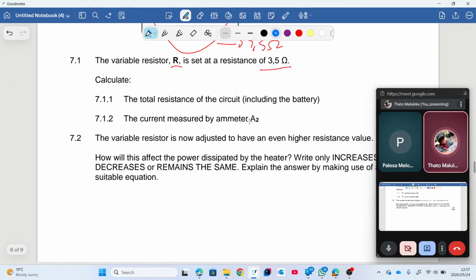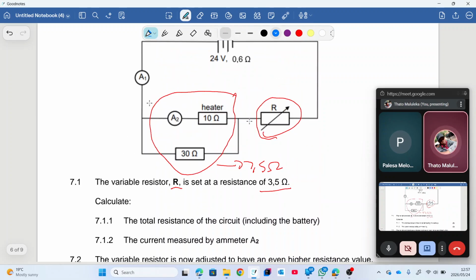Looking at the circuit, the current that flows to the 10 ohms: I A2 will be I total multiplied by, because it's going towards the 10, we use the 30. So 30 divided by 30 plus 10, which is 40. This ensures that the majority of the current goes to the smallest resistor. That's why we do the vice versa thing.